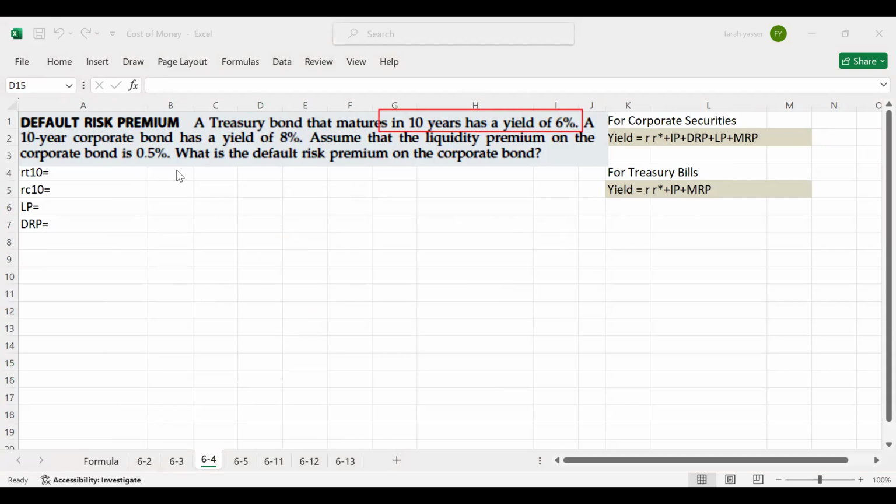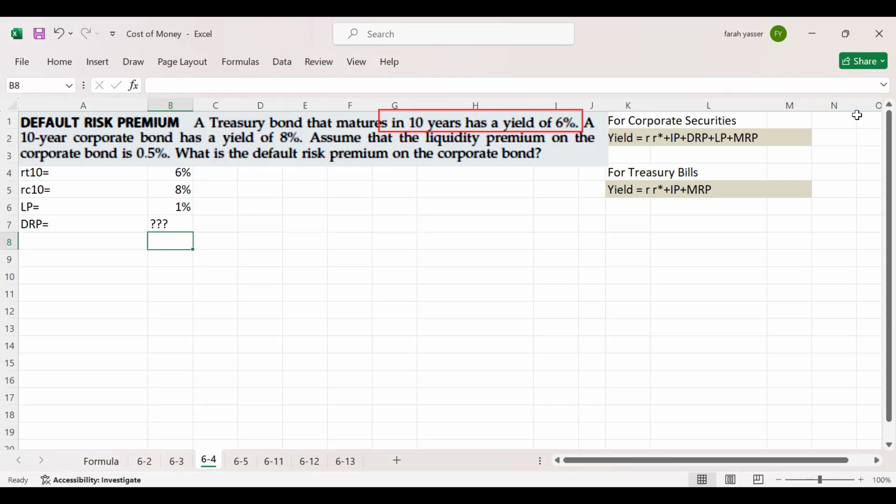So 10-year treasury bonds is 6%, whereas 10-year corporate, RC, R means yield, C corporate, 10 years is 8%. So here this is 8%. Assume that the liquidity premium on corporate bond is 0.5%. What is the default risk premium? So default risk premium is not given, it is required.